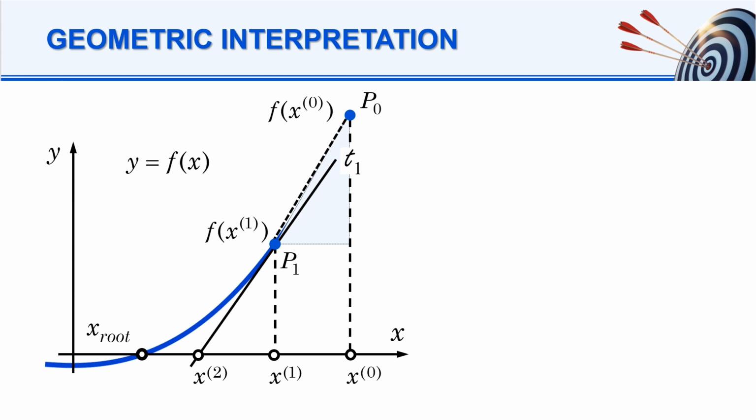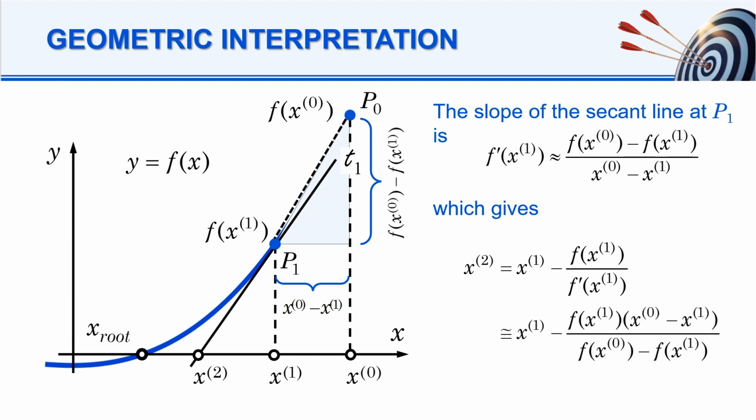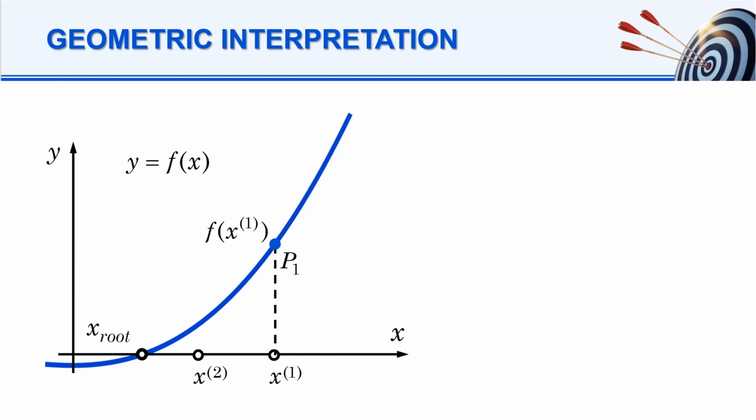The slope of the secant line is obtained from the right triangle. The slope of the tangent line to the curve, i.e., its derivative, at point P1 is set to the slope of the secant line. To find x2, we use the Newton-Raphson iteration equation, where the derivative is replaced by the above approximation. Next, we find the vertical projection point P2 on the curve.